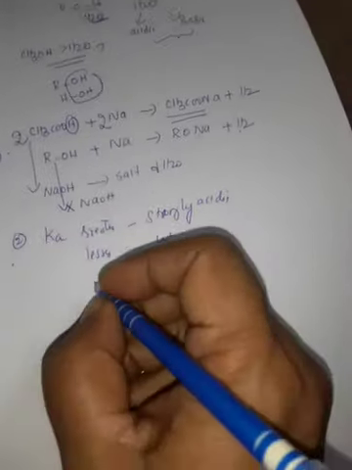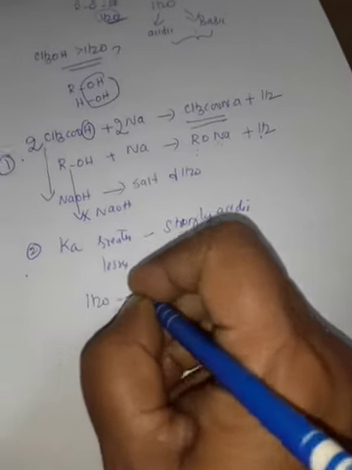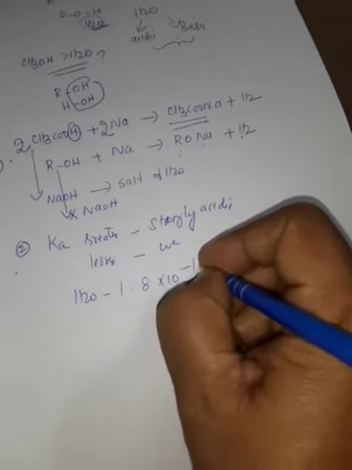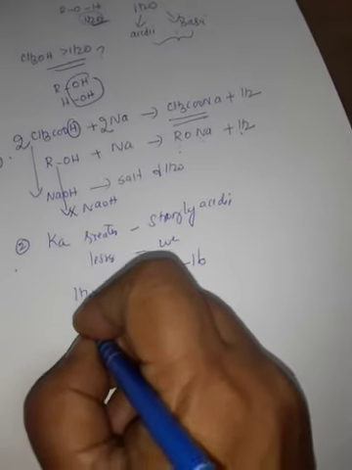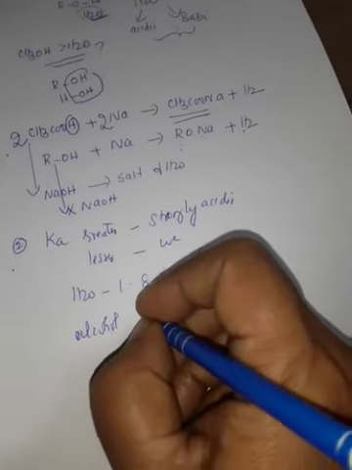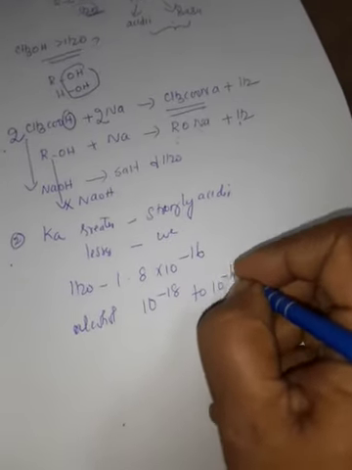For example, Ka for water, H2O, is 1.8 into 10 power minus 16. For alcohols, it is 10 power minus 18 to 10 power minus 16.